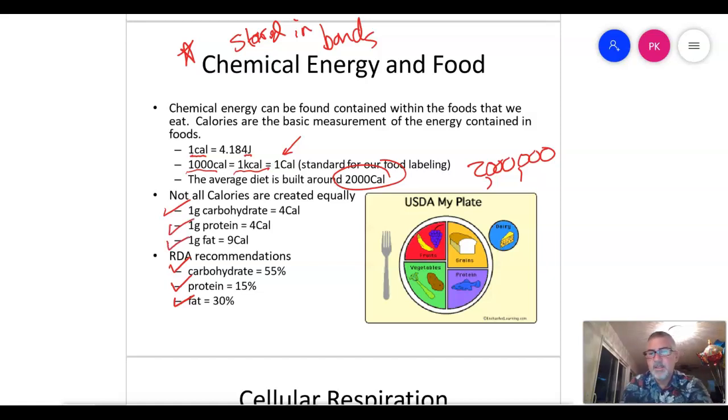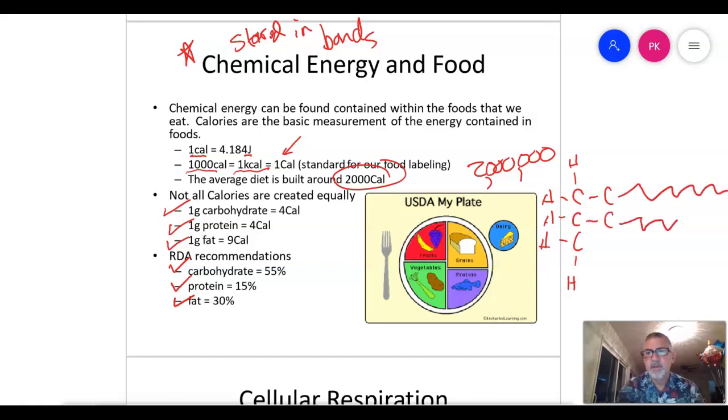And the reason why fat is 9 is those carbon-to-carbon bonds in food. That's where the energy is stored. And remember, if I'm talking about a fat, I've got the glycerol, I've got my hydrogens, and I've got my long tails.